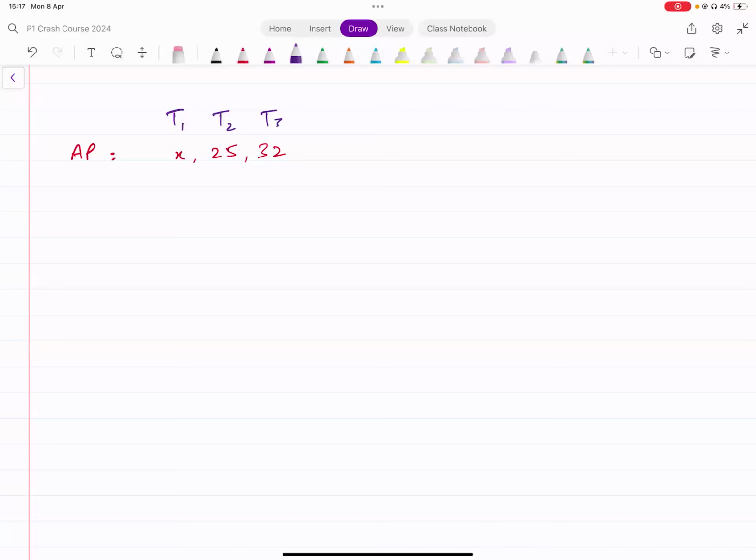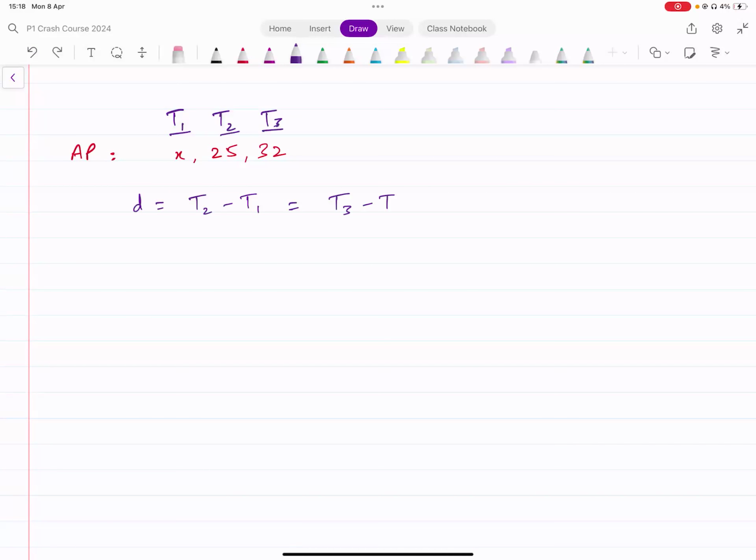This is the third term. Since it's an arithmetic progression, the difference between terms has to be constant. Now, difference could be found by subtracting the first 2 terms like this, T2 minus T1. Difference could also be found by doing T3 minus T2. Okay. And what does that give you?